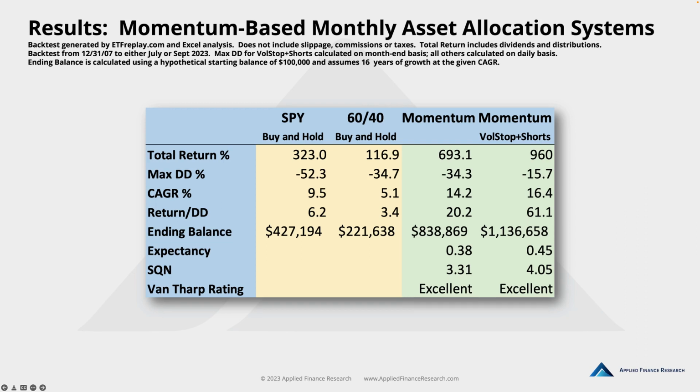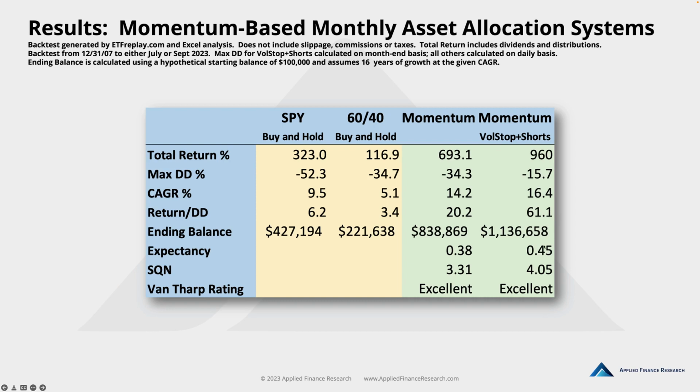When we add the optional second generation volatility stops and short positions to our momentum system, the numbers get even better. The return jumps to 960%, the maximum drawdown gets cut in half to 15.7%, CAGR jumps to 16.4%, return to drawdown ratio triples to 61.1, and our hypothetical 100,000 turns into 1.14 million.